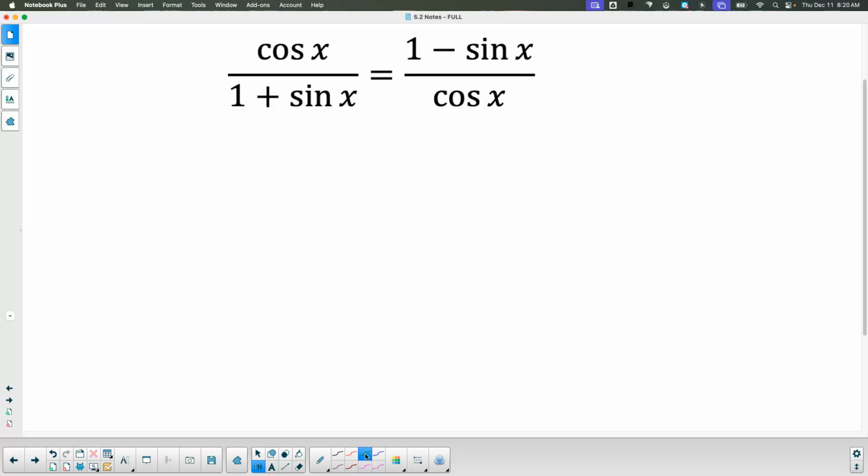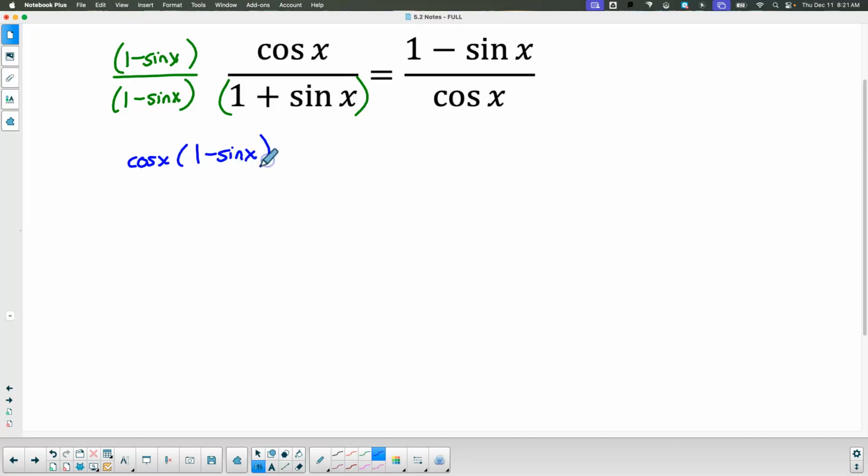If I'm working the left side, I'm going to multiply by the conjugate of the denominator. That then would give me cosine of x times 1 minus sine of x all over 1 minus sine squared of x. 1 minus sine squared of x is cosine squared of x.